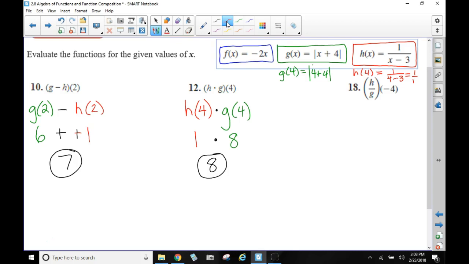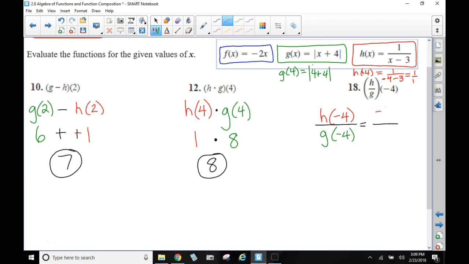But anyway, for 18, we're now going to do h divided by g evaluated at negative 4. Both of those evaluated at negative 4 will yield, let's see, h evaluated at negative 4 is 1 over negative 4 minus 3.